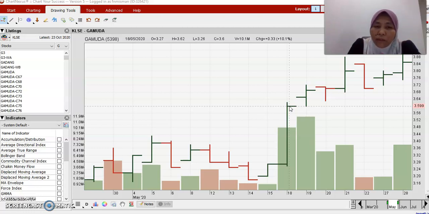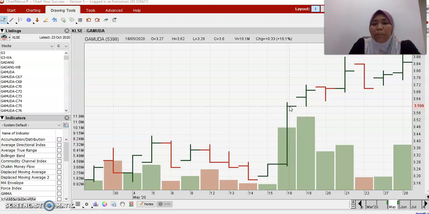So if you ask me to choose between the line chart and the bar chart, I would recommend a bar chart if you want to see the movement for each day. However, if you just want to identify the trend, you can use a line chart.